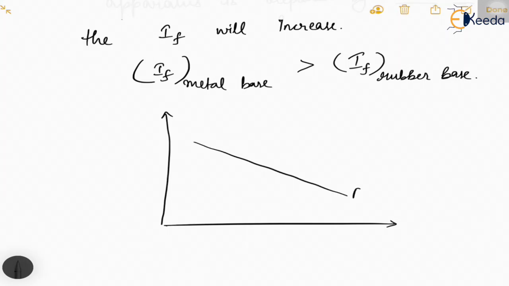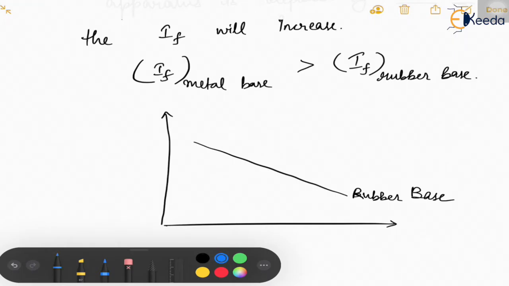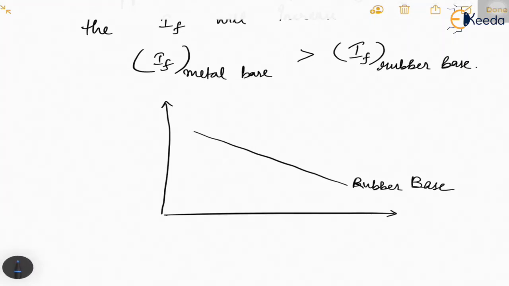Let us draw for rubber base first, and I'll draw for metal base also. We have seen that the slope, or the flow index, for metal base is larger.